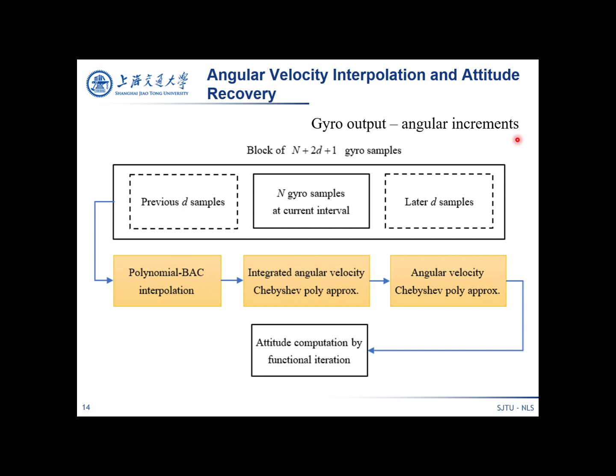In the polynomial BAC strategy, when interpolation is performed on the current time interval, the gyroscope samples from previous and later intervals are borrowed to participate in the interpolation, but only the fitted angular increment polynomial on the original time interval is used for subsequent processing, namely by taking the time derivative to obtain the angular velocity polynomial. Then the angular velocity polynomial is used as input for attitude computation by functional iteration.